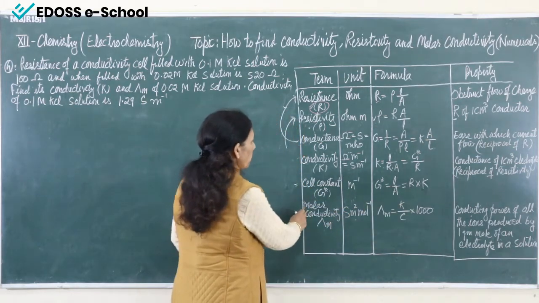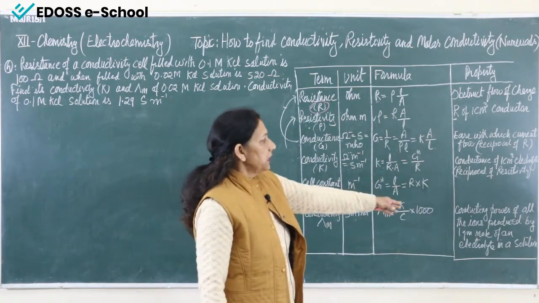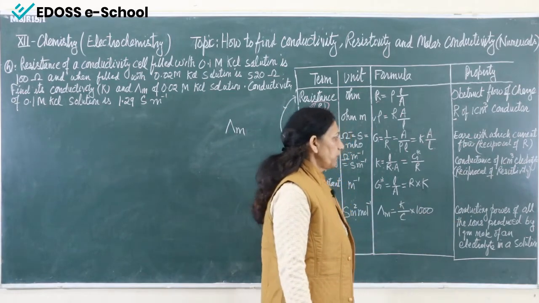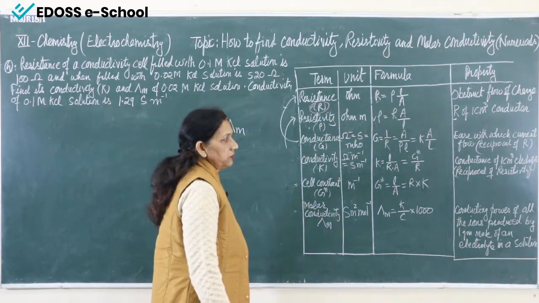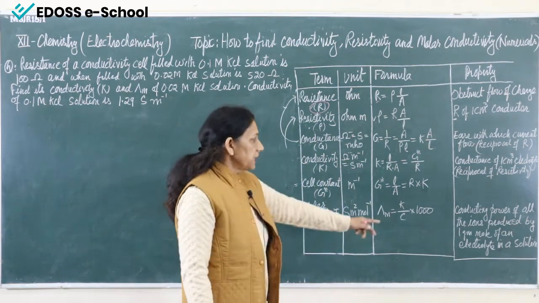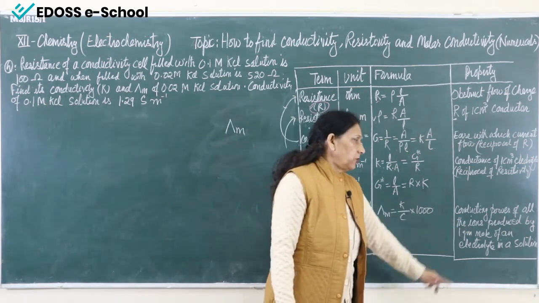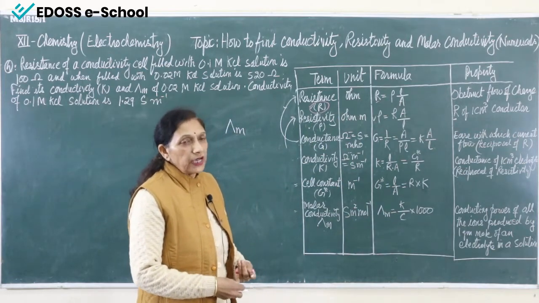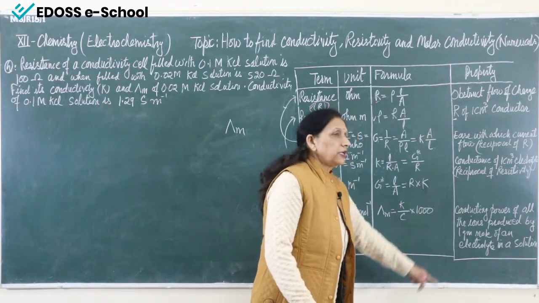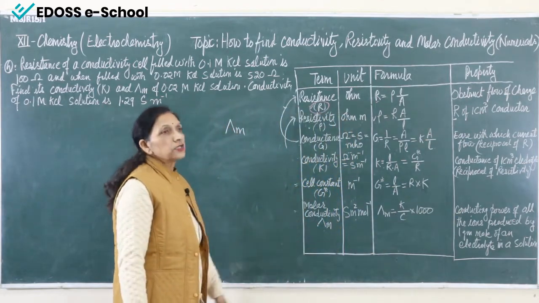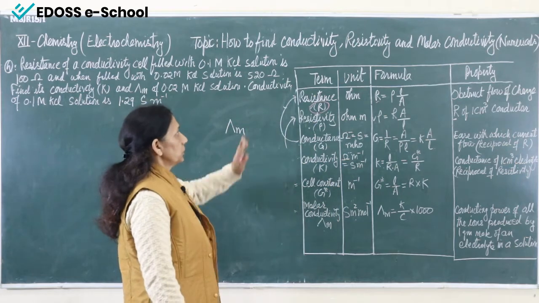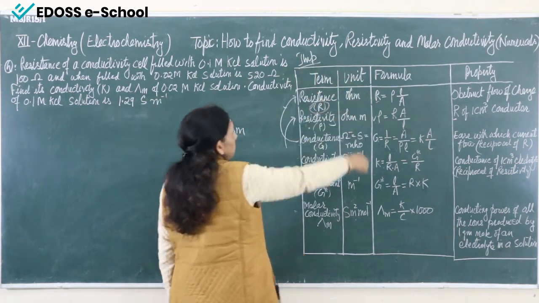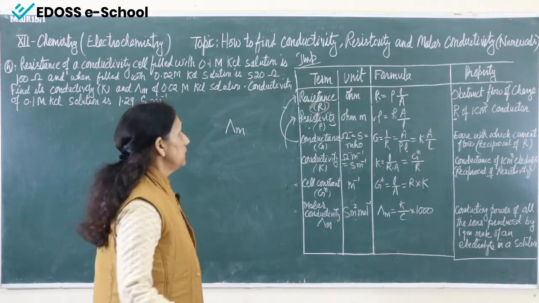The property of molar conductivity is that this is the conducting power of all the ions produced by 1 gram mole of an electrolyte in a solution. Whether positive or negative ions, the conducting power they produce is known as its molar conductivity. This is very important, you have to learn this table, because without knowing these formulas you are unable to do the questions.